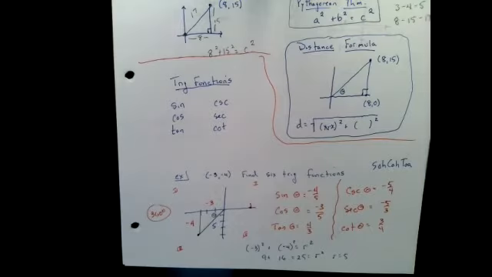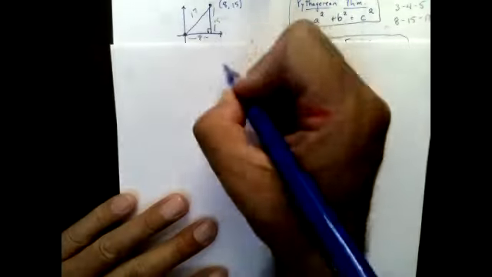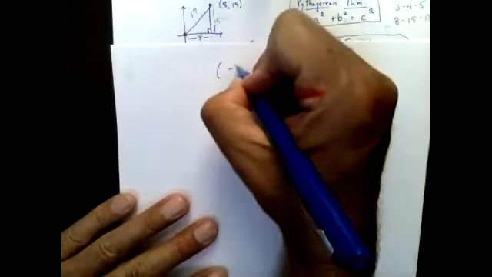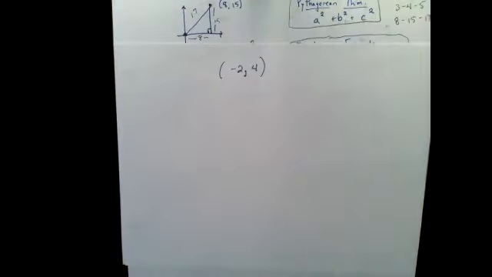Want to try another one? I'm pretty comfortable with it. I did get a yeah. So let's do, all right, I'm going to take a point -2, 4. What are the trig functions for this? I recommend you draw the triangle. You're going to hear me say that a lot throughout this semester.